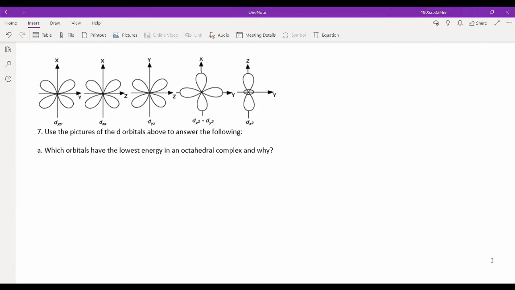First problem, number 7, looking at pictures of the d orbitals and which orbitals have the lowest energy in an octahedral complex.